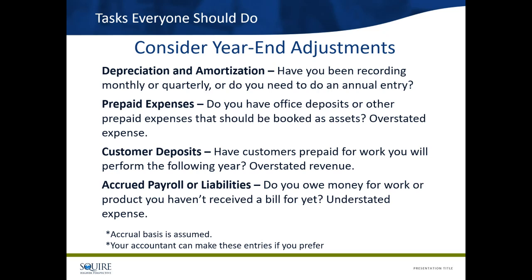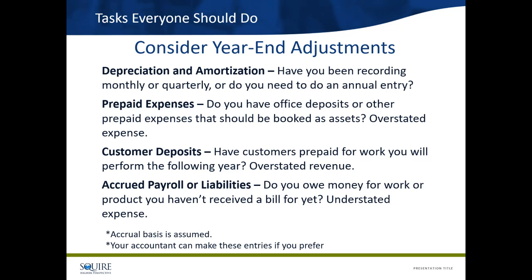So maybe you had someone build you custom software and it cost $15,000. And so that is going to count as an asset to your company, and then it gets amortized over 3 years. Or maybe you had loan origination fees that are significant enough to amortize. So look at those, and if you haven't been recording a monthly or quarterly, that's fine. Then we just will do an annual entry.